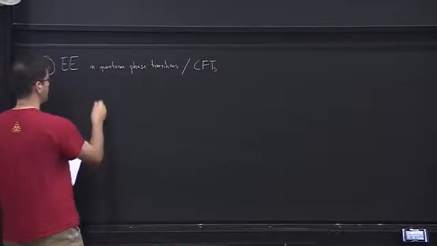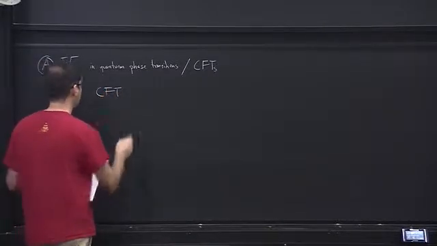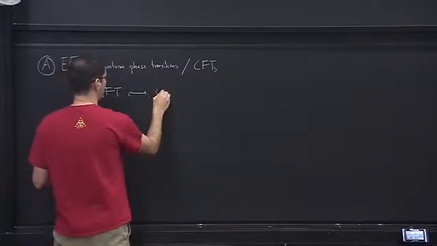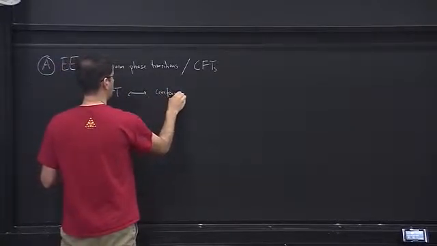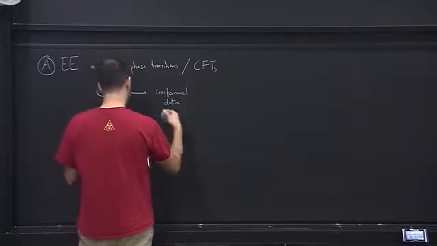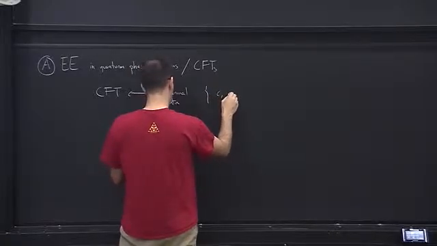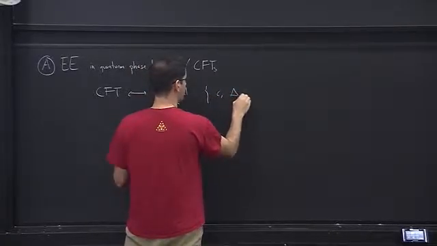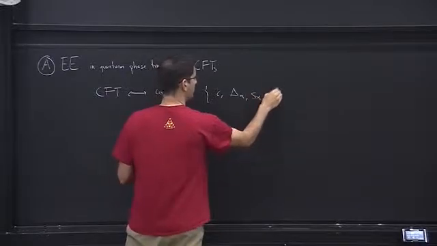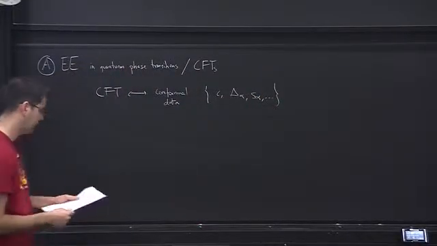So the CFT represents this universality class of the phase transition, and it's in turn characterized by the conformal data. And just to remind you, in 1+1 dimensions, this was a central charge. There were primary fields with scaling dimensions and conformal spins. Okay, these are things that we've seen these days.